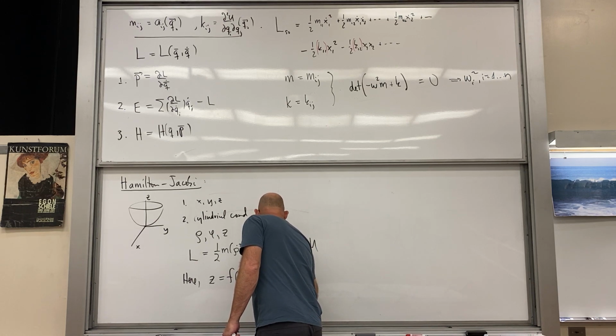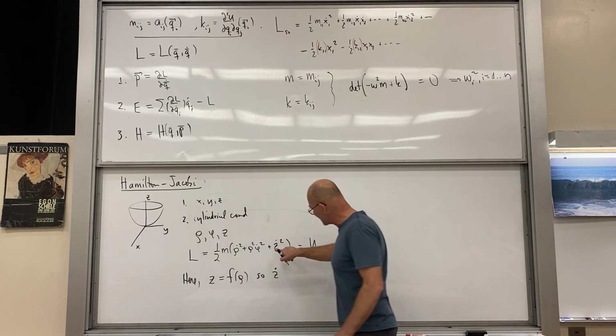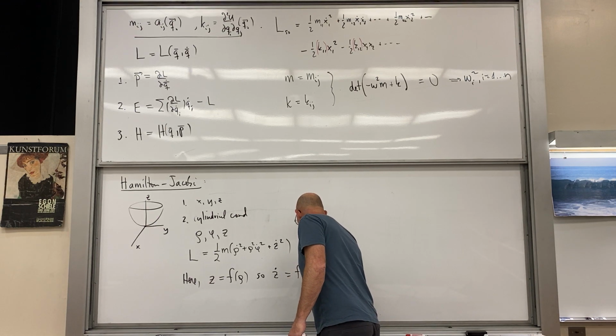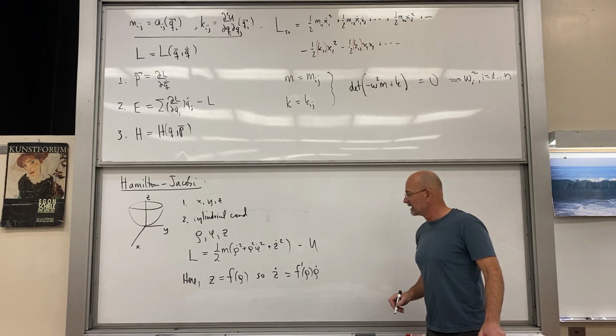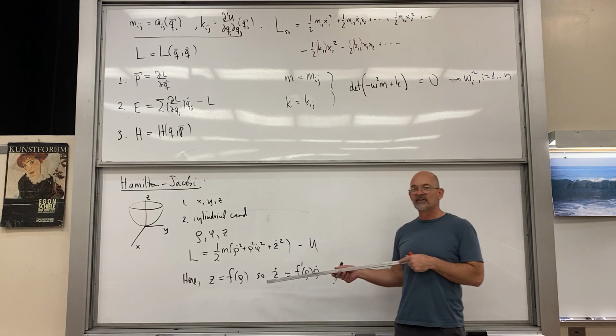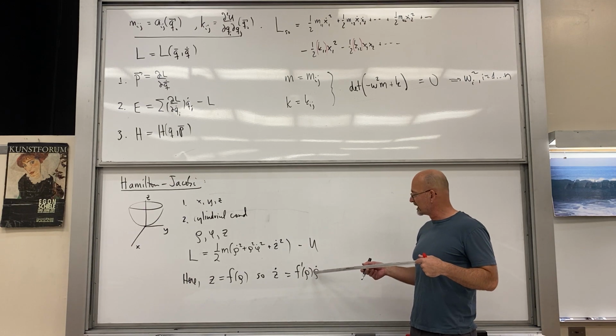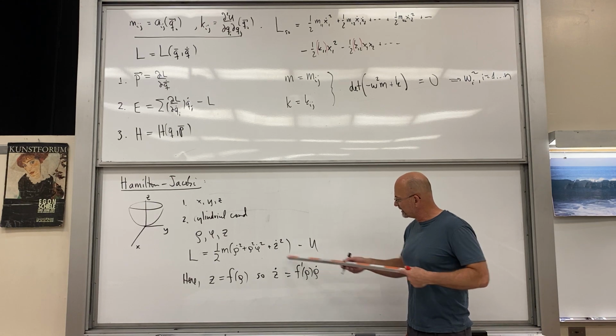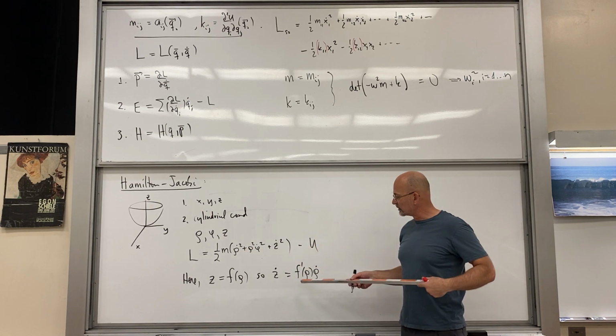So z dot, which we need to have and square to put into there, is equal to f prime of rho times rho dot. And you can see we're now down to 2 generalized coordinates instead of 3. Okay? Because we have the z dot has this thing there, and that's in terms of the rho dot as well.